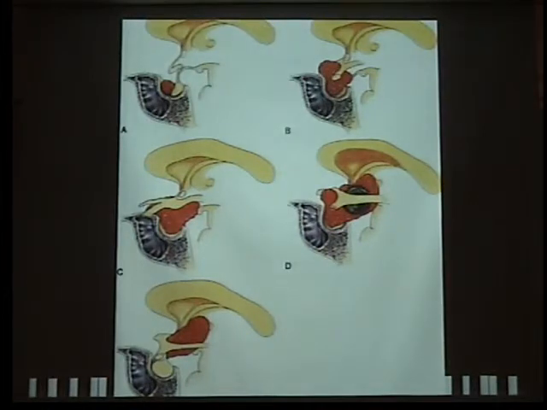Now, tumors that arise in the sella and suprasellar tumors behave in a certain way, and I'll give you some of my own personal impressions about these. Anyway, this is a standard pituitary tumor that you do transsphenoidally.